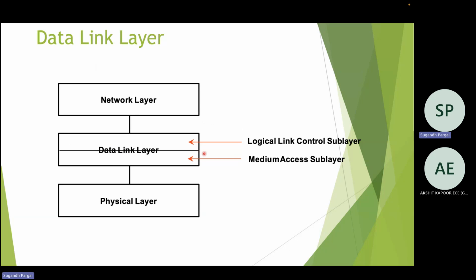The logical link control sublayer makes the connection between the network layer and the data link layer, and the medium access control sublayer helps to make the connection between the physical layer and the data link layer.